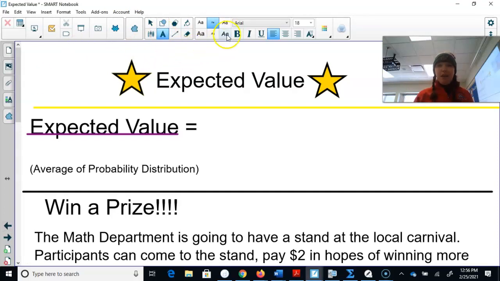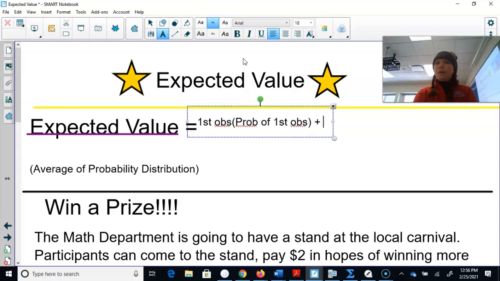What is the expected value? The expected value is where we're going to take our first observation and multiply it by the probability of the first observation. Then we're going to take the second observation and multiply it by the probability of that second observation.